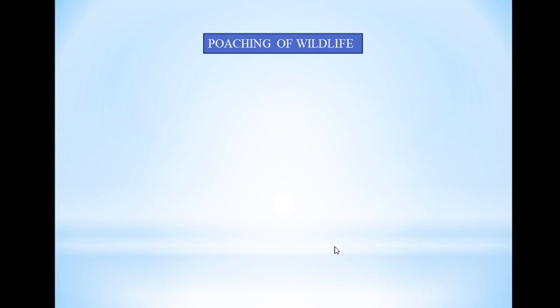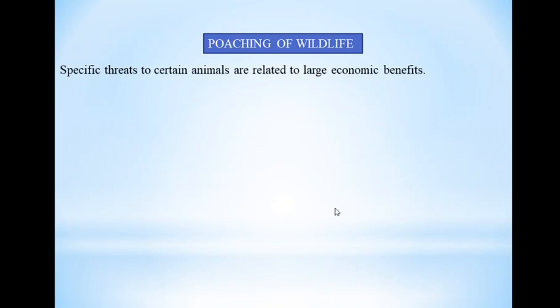Next is poaching of wildlife. Poaching of wildlife is nothing but illegal capturing or killing of animals. There are specific threats to certain animals related to large economic benefits. There is a large economic benefit in poaching wild animals.